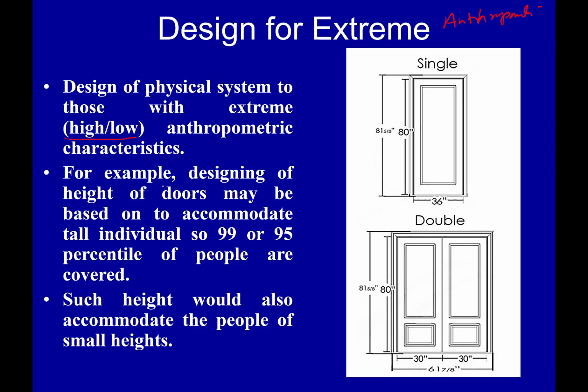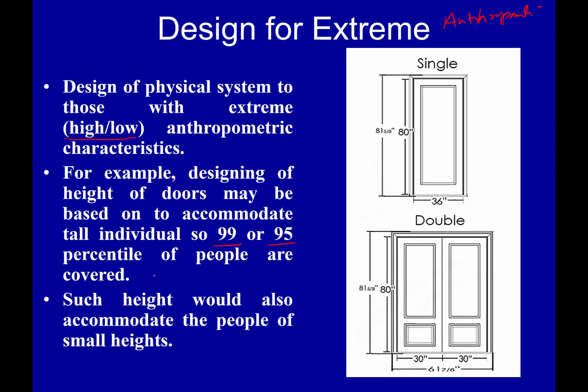For example, designing the height of the door may be based on accommodating tall individuals, so that either 99 or 95 percentile of the people are covered. So it may be 7 feet or 7.5 feet or 6.5 feet as per the case.